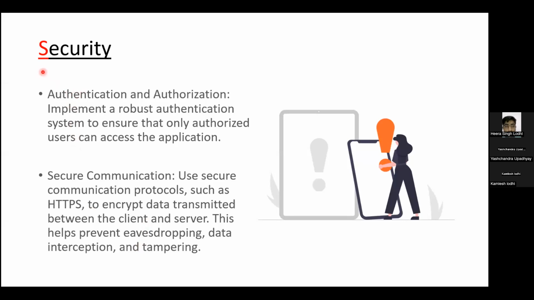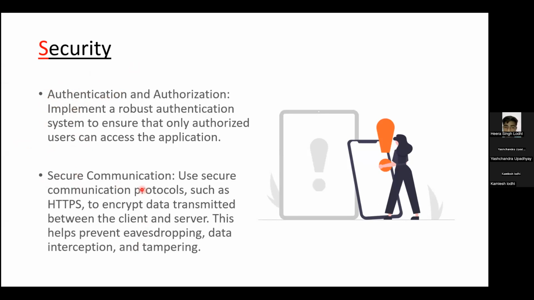is the security. We are providing many security features like authentication and authorization to protect our application and also protect user data. So we can implement the application using security and authorization.